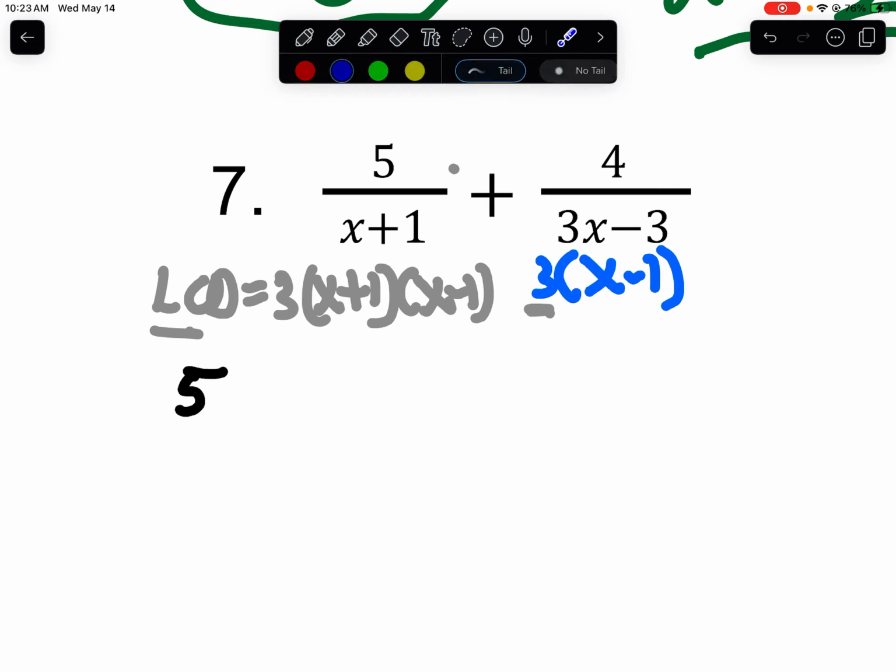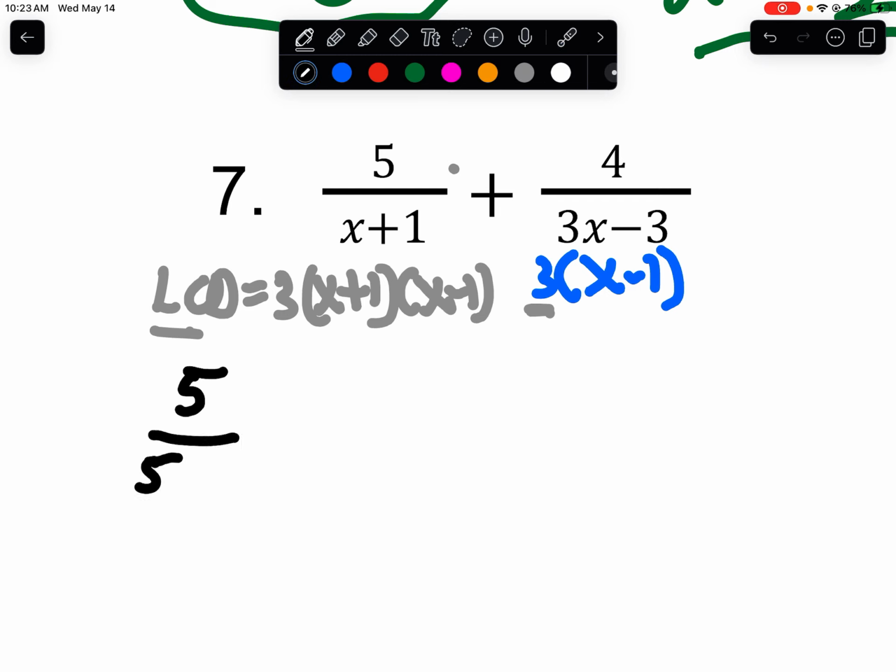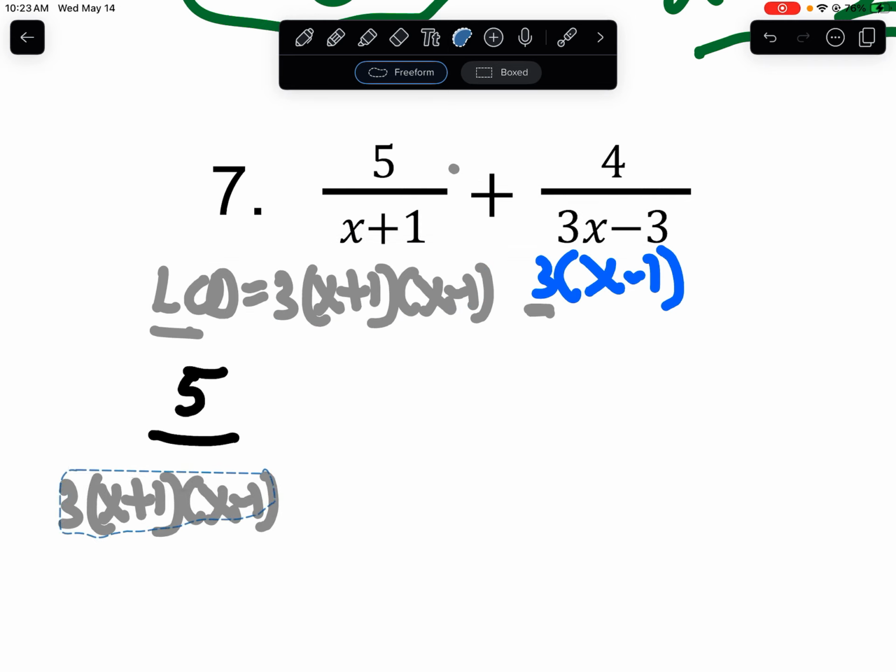Actually, I'd rather say it this way. Here's the 5. And just go ahead and write the LCD underneath it. This is how I'm going to do it, because there's multiple ways. Okay. So it goes here.